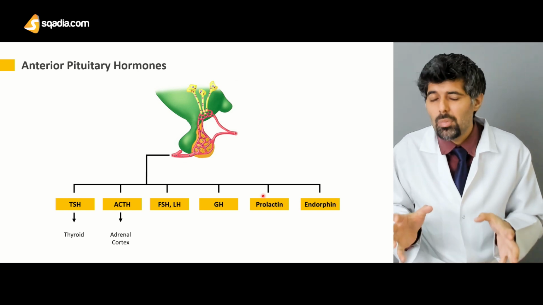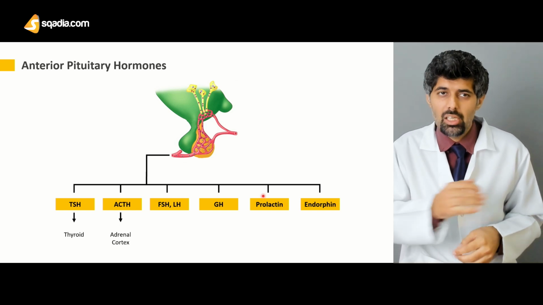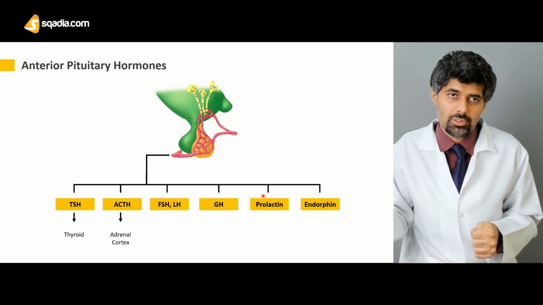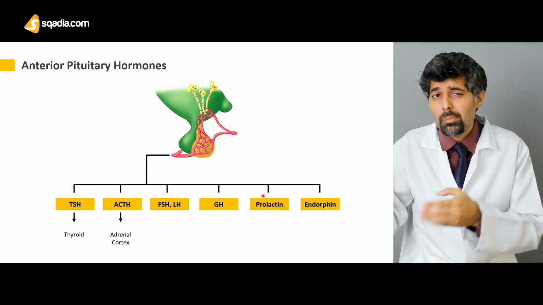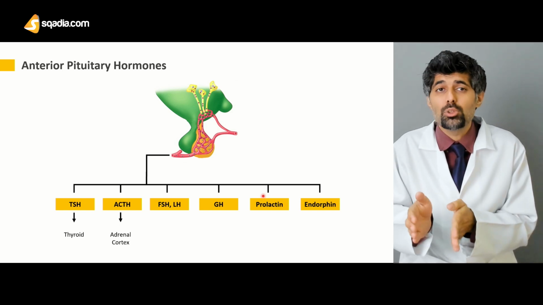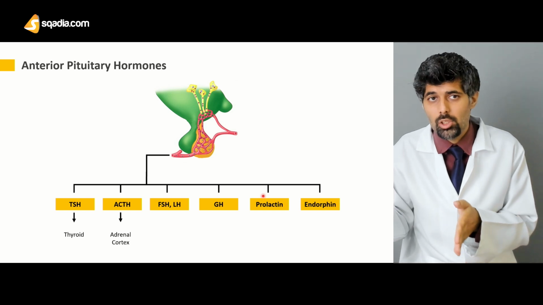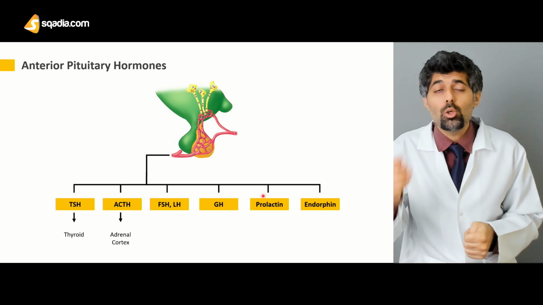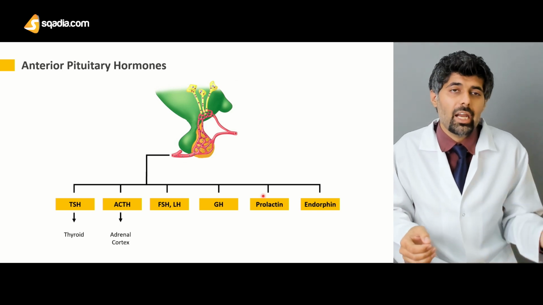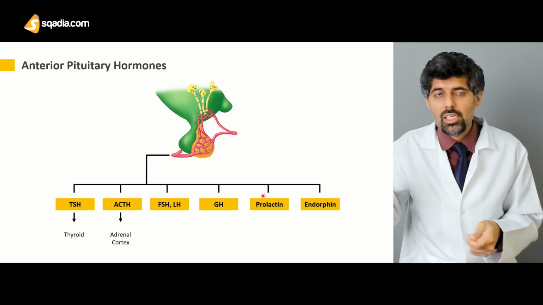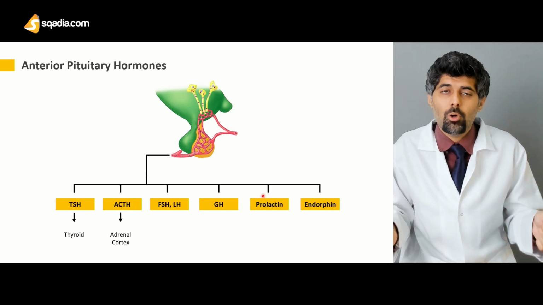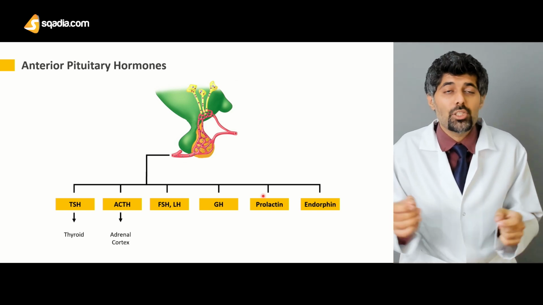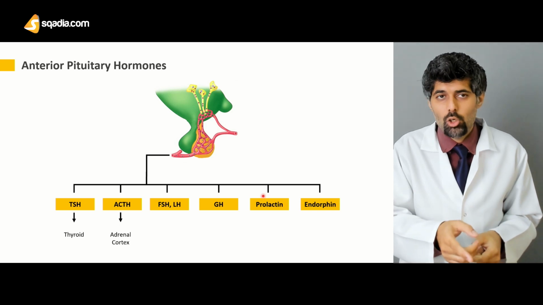It does not have much effect on the first layer, that is the zona glomerulosa. Why? Because the first layer produces the mineralocorticoids, while the second and third layers produce the glucocorticoids and androgens. And it is the glucocorticoids and the formation of androgens which are affected by this hormone.